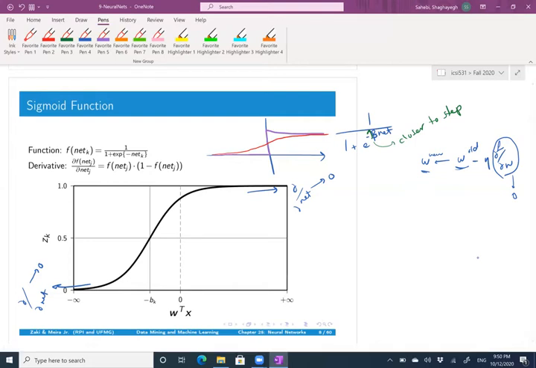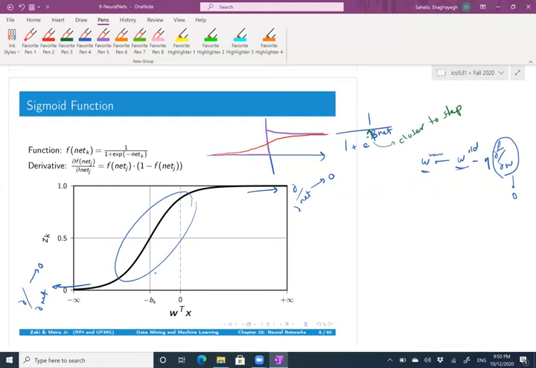And the problem with the sigmoid function is that in most of the cases, the gradient is very close to 0. Only in the middle part is the gradient non-zero, a value that can really affect our updates.